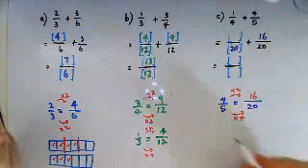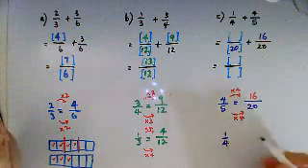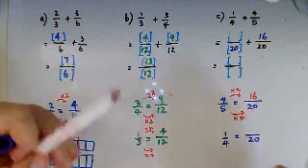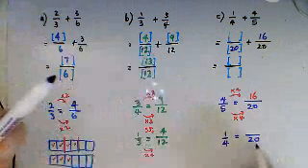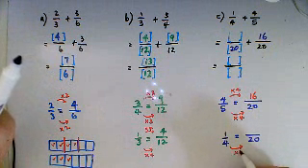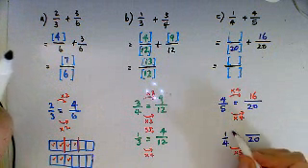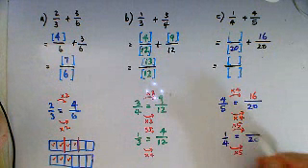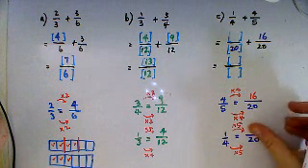Now let's do 1/4. 1/4 equals something over 20. 20 divided by 4 is 5, so I multiply 4 by 5. To get 20, I have to multiply the numerator by the same amount. 1 times 5 is 5.